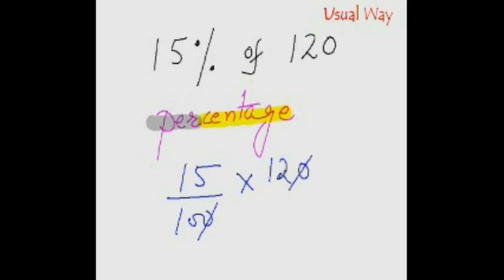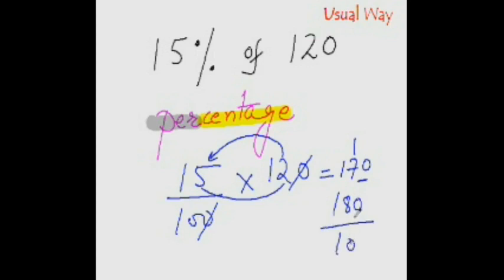So either you can do it directly, because 15 times 12 is 180, or you can use the faster technique here, like 15 plus 2 is 17, and for the last digit 15 times 2 is 10, so it would be 180 over 10. Now strike out this 0 and this 0, so you are left with 18, and that is what the answer is. 15% of 120 is 18.